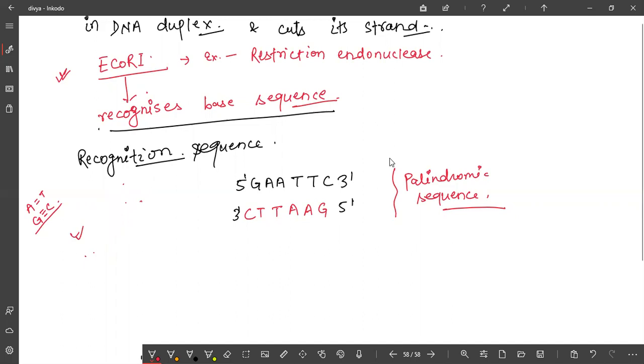When reading is done from the same frame of orientation, it is pronounced the same.